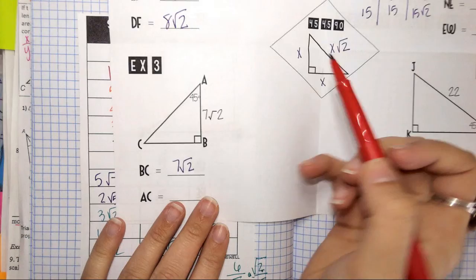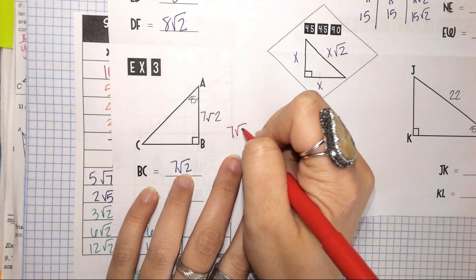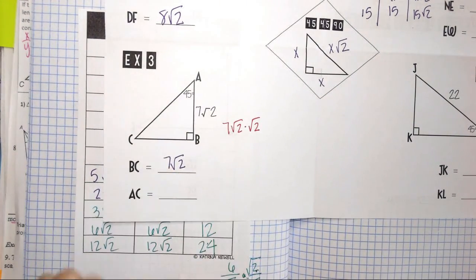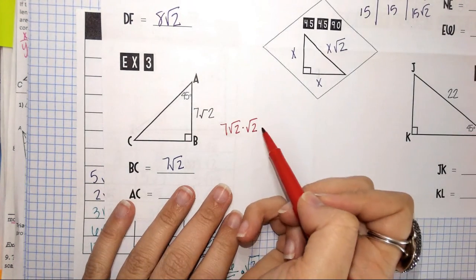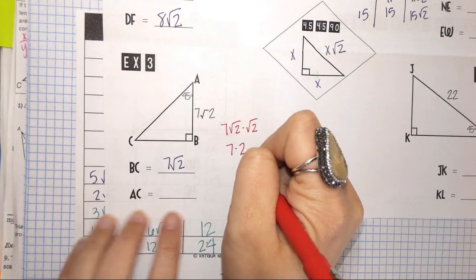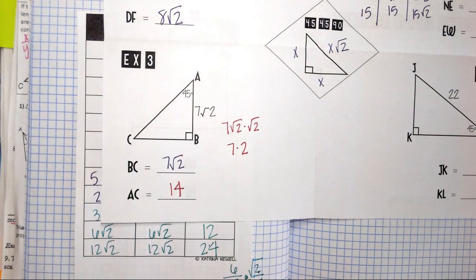We know that it's X times root 2, correct? So it's 7 root 2 times root 2. Now, can we multiply the 7 and 2 together? No. But we can multiply the 2's together. What's 2 times 2? 4. What's the square root of 4? What's 7 times 2?